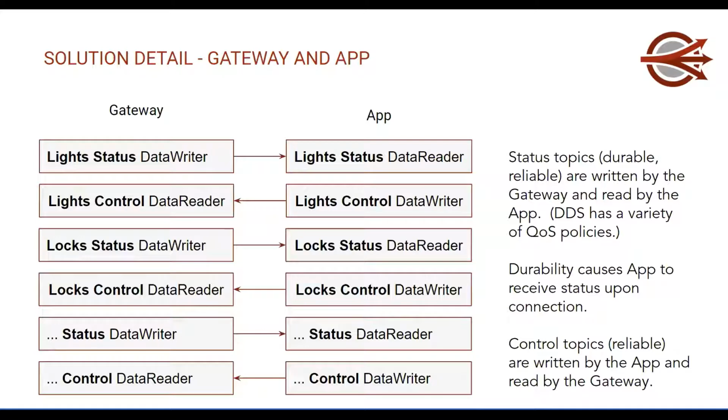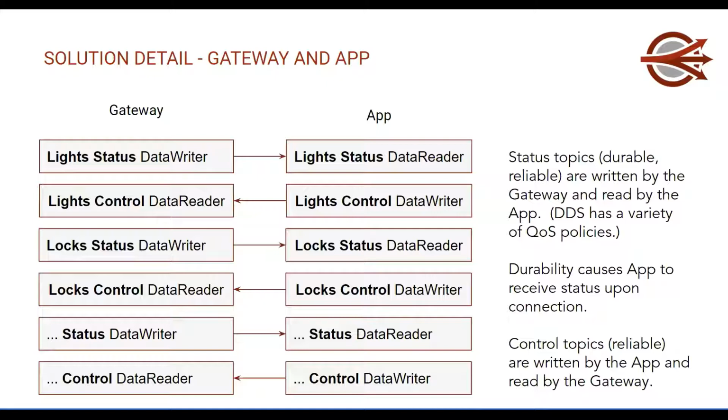Durability means that the current state is always available, so that whenever the application is started and connects to the gateway, it can receive the most up-to-date samples, most up-to-date status for all of the devices, as opposed to waiting for some kind of periodic message to go out. Reliability means that it will keep trying to send the sample over and over again until the other side acknowledges receipt of that. For our control topics, we would just want them to be reliable.